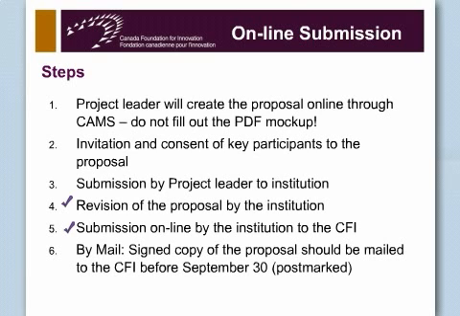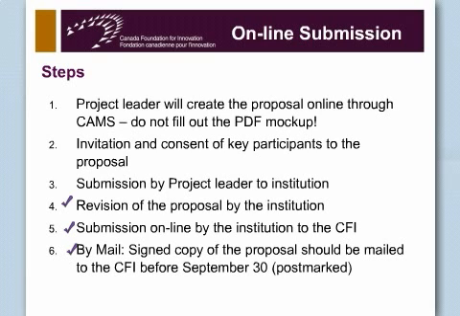Okay, and the final submission is done online by the institutions to the CFI. And we also expect you to send a signed copy of the proposal to us, postmarked on September 30th. So it doesn't have to be here on September 30th, as long as we have the online submission and that you have mailed.